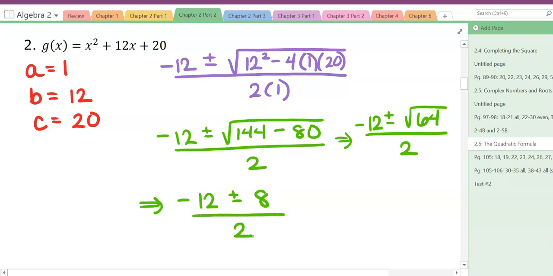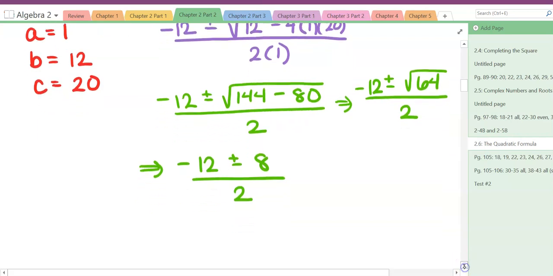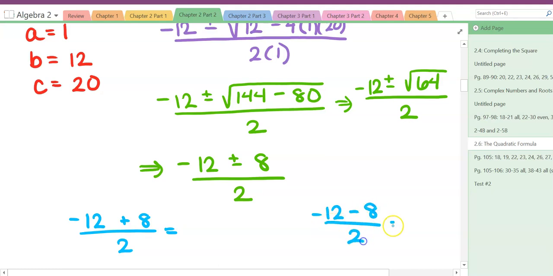Because we still have that plus or minus sign happening, there's 2 answers here, so you have to do both of them. So the first one that you need to do is the negative 12 plus 8 and divide by 2. That's going to be one answer. Then you need to do negative 12 minus 8 and divide by 2. That's going to be our second answer. These ones should come out as nice numbers.